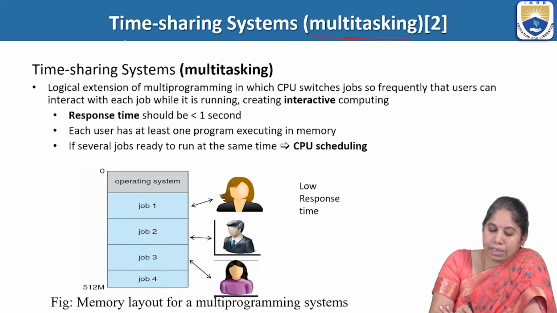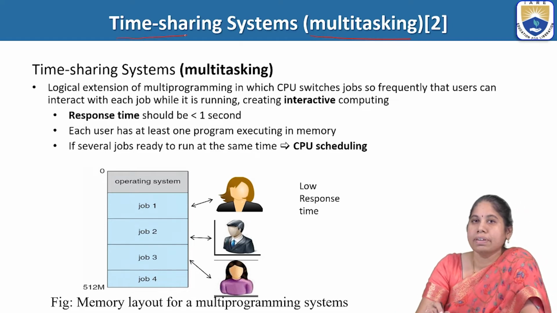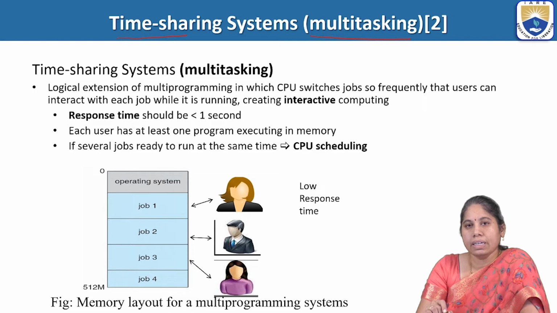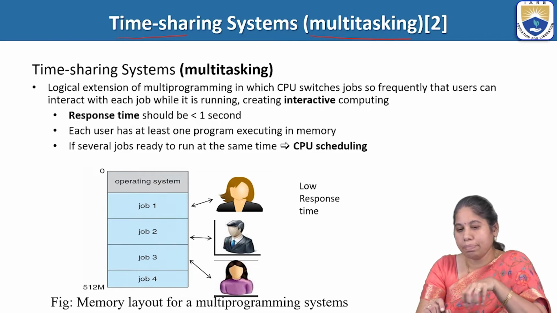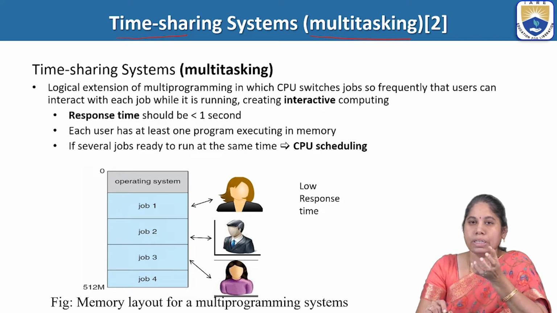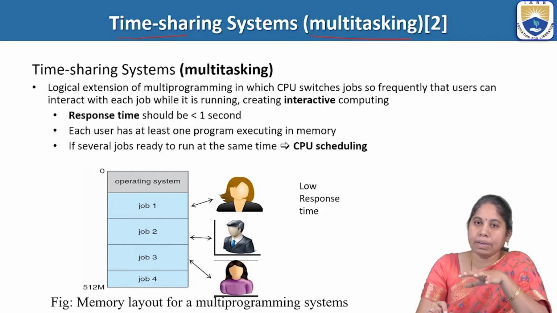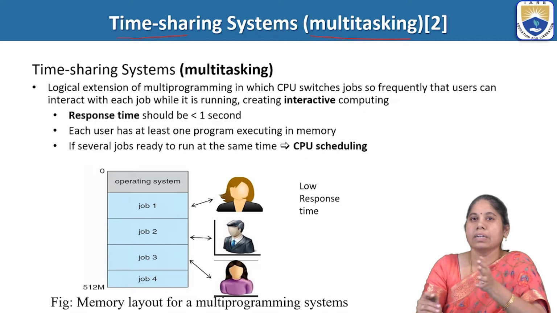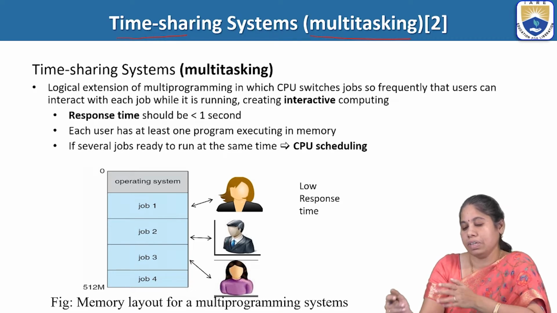Here the name itself has the meaning of time sharing. The CPU is meant for the execution, doing the job processing. While doing the execution, the time will be split and given to each and every job.